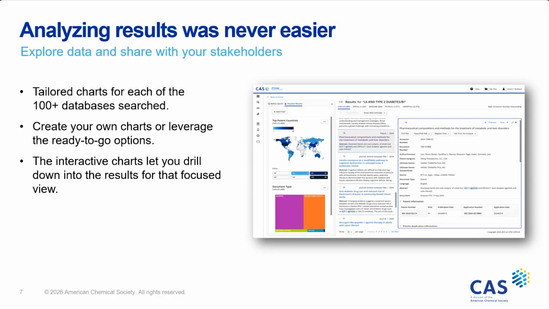And in this slide here, we see one example where we did a multi-file search, and we see a chart here that shows the patent countries across the globe for that given result set in CA+. And then we also see a chart where we analyzed the document types within that result set.